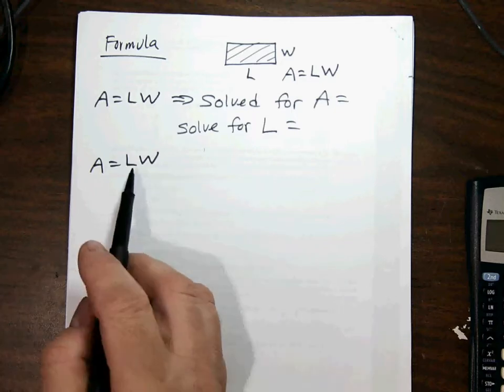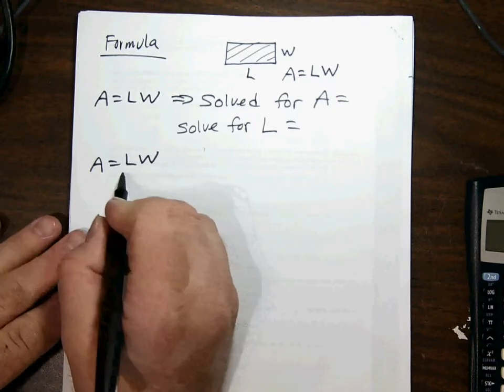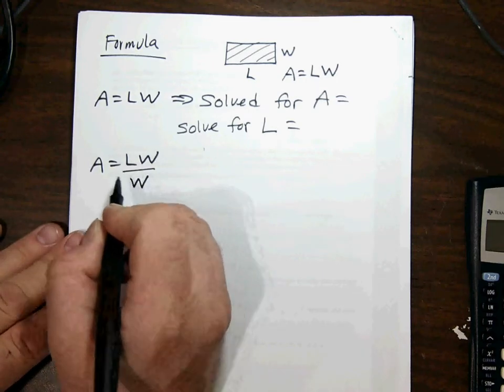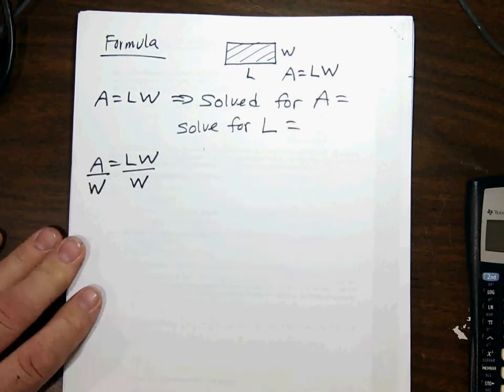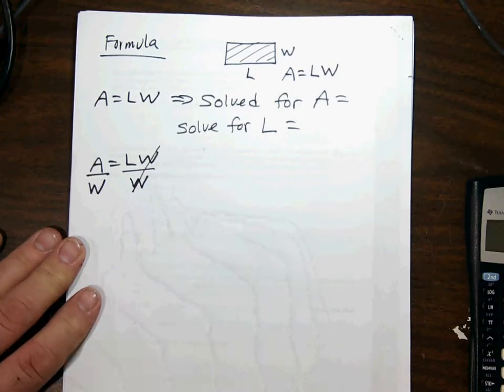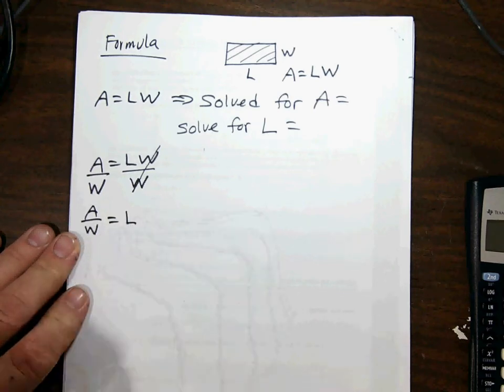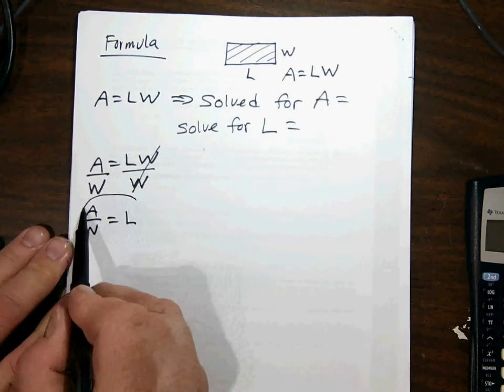Well, what's the relationship here? L and W are being multiplied together. So if I divide by W, it's an equation, I've got to do the same thing on both sides. W divided by W, they cancel. They're gone. And I have A over W equals L. And that's what we're looking for.